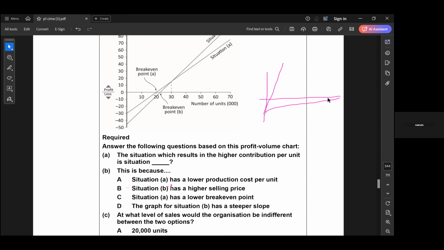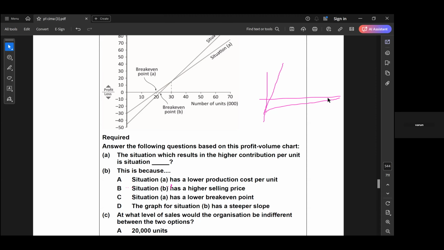Situation A has a lower break-even point. Obviously, situation A has got a higher break-even point, is it not? Hmm. Situation A has got a lower break-even point. Okay, fine. Situation A has got a lower break-even point. Now, situation B has a higher selling price.